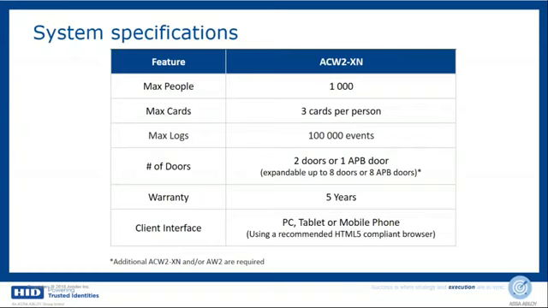Okay, you will also be able to use a PC, a tablet, or even a mobile phone to enter the user interface and do all the settings of the users, doors, schedules, and everything that you normally do in an access control software.